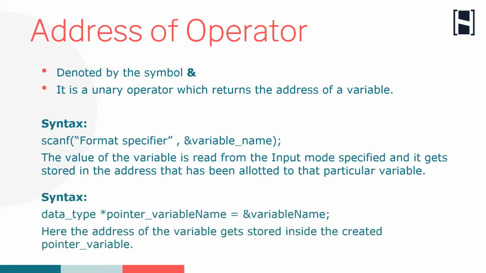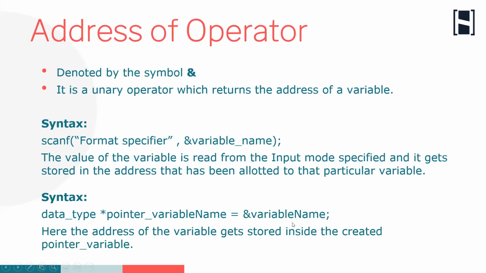Now, there is a second usage of the ampersand operator, that is the address of operator. What is that usage? It is used to assign the value for a pointer variable. We already saw how to create a pointer variable in the previous slide: the data type, the asterisk symbol, that is our value of operator, followed by the pointer name. Now, I want to assign the address of a variable to this pointer.